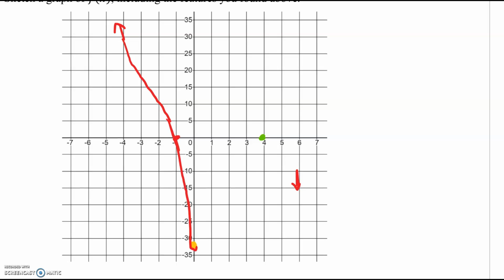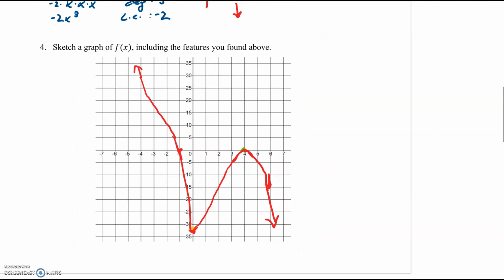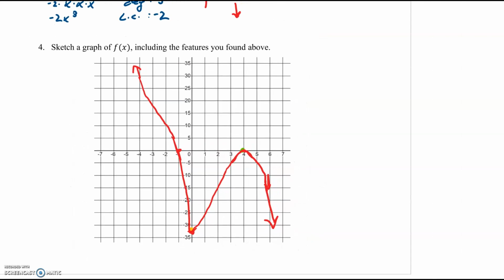Then it crosses over the y-intercept. Then it comes up here. Remember, 4 had an even multiplicity, so it acted kind of like a parabola here, so it bounced and then came over here and continued down on the right. So there is a very sloppily done graph of this function.